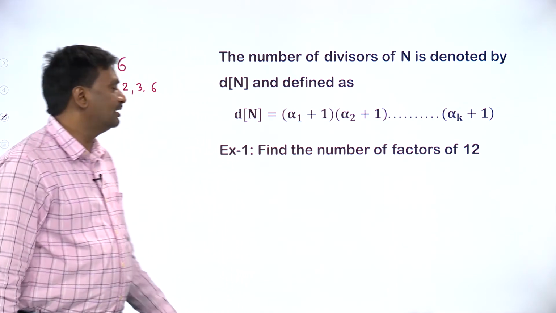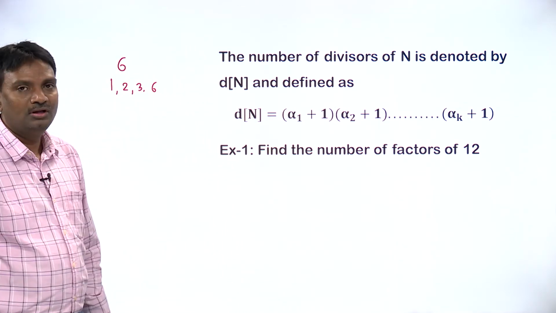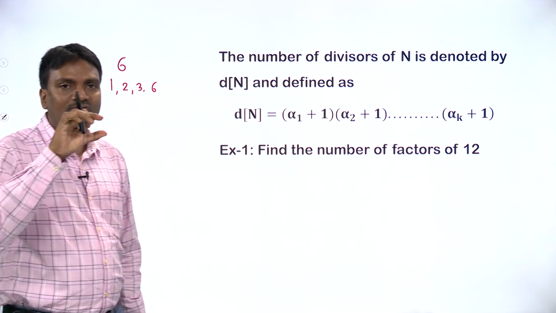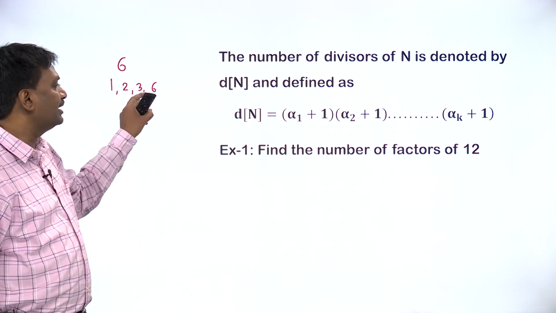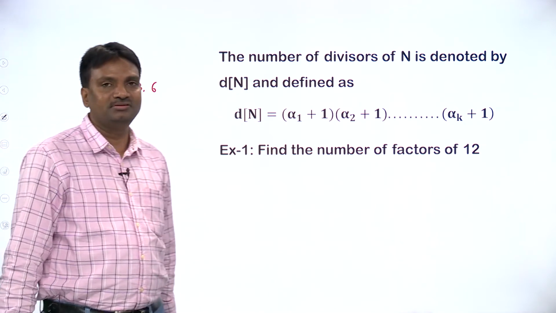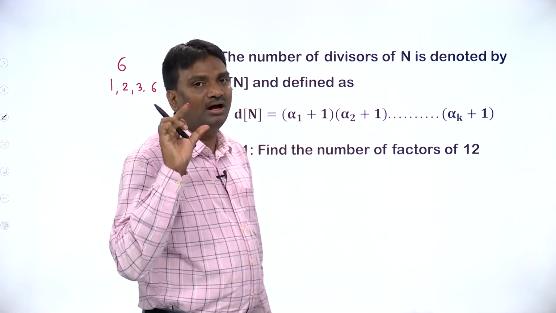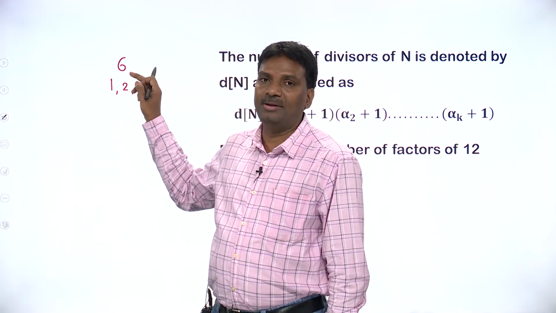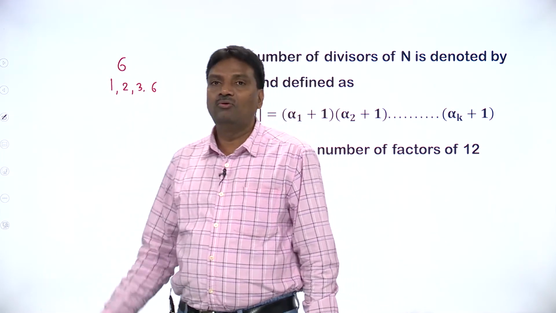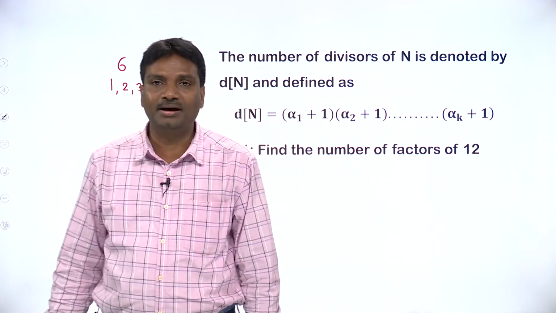How many factors are there for 6? 1, 2, 3, 4. So, by writing all the factors of 6 and by counting them, we can say 4 factors are there for the number 6.